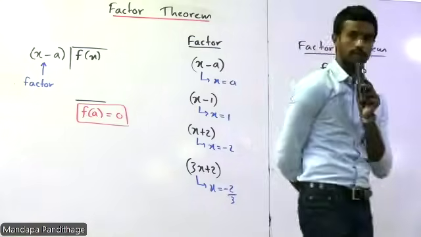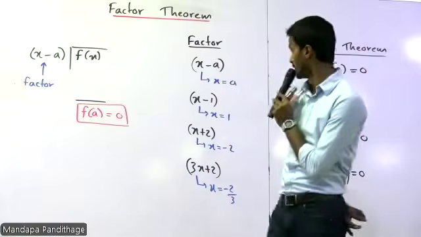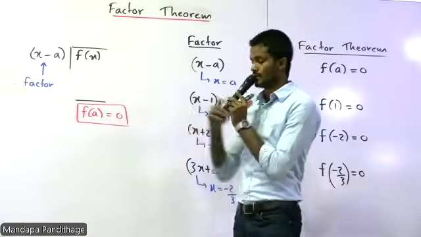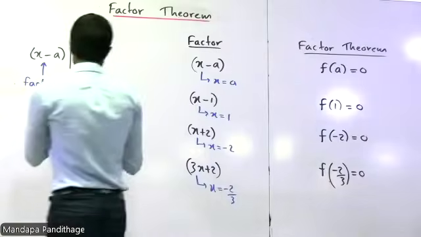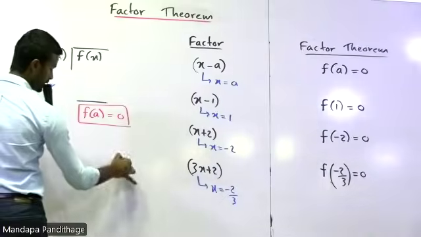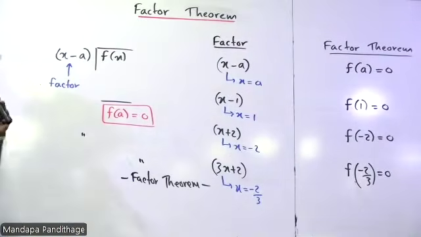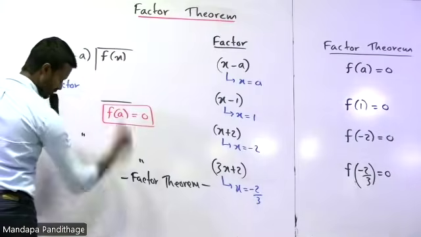Then close the quotation marks, and in the same way put a dash: factor theorem. Same line after line, like before.